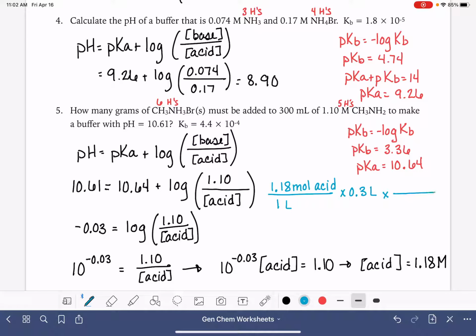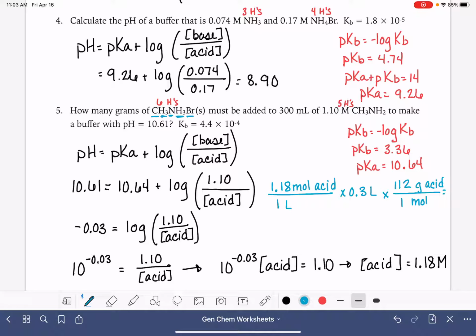And we can figure out how many grams of that acid are in a mole by adding up its molecular weight. 12 plus 3 hydrogen plus 14 for the nitrogen plus 3 more hydrogen plus 80 for the bromine is 112 grams per mole.